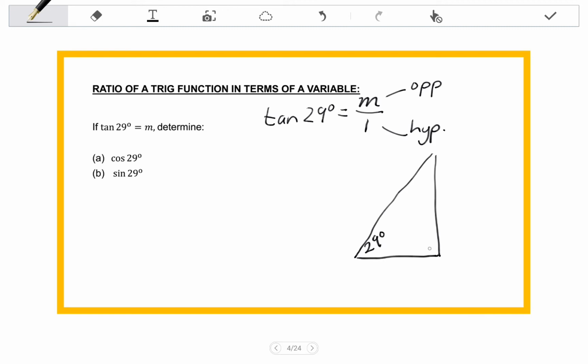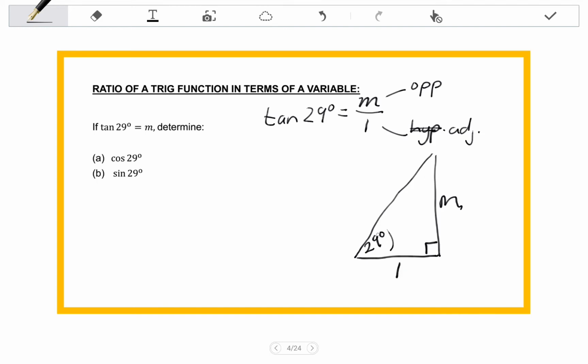It's a lot more than 29 degrees, but it's not drawn to scale. Then the side opposite my angle is going to be m. And the hypotenuse, sorry, tan is not hypotenuse. It's opposite over adjacent. Sorry. So the adjacent side will be 1.